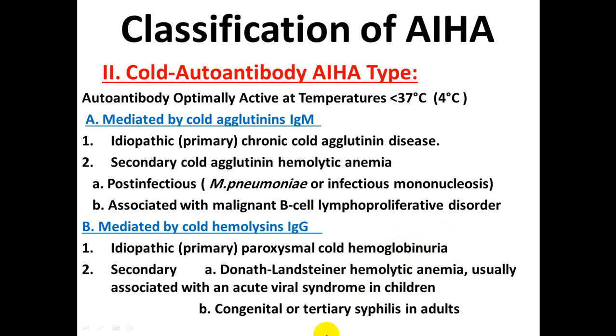And this is paroxysmal cold hemoglobinuria, secondary to Donath-Landsteiner hemolytic anemia, usually associated with an acute viral syndrome in children, or congenital or tertiary syphilis in adults.